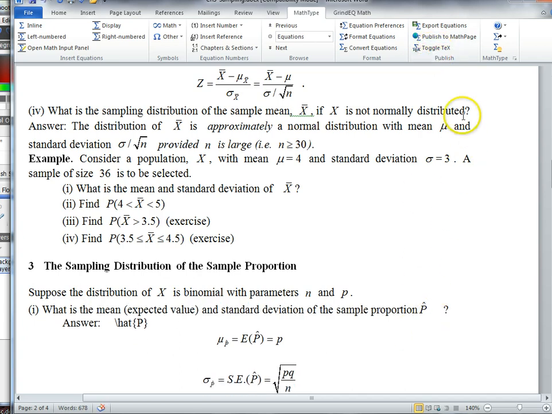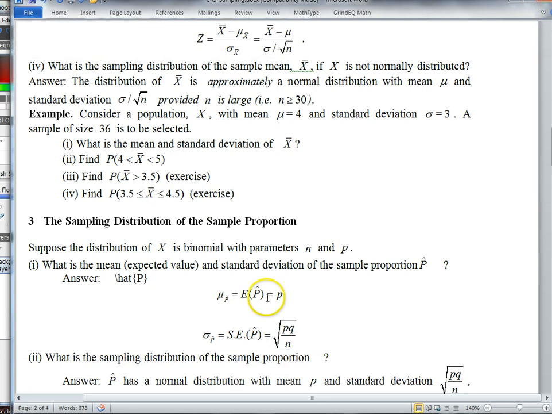Yeah, that's going to be p hat. So the mean of p hat is going to be p, the original parameter, and the standard error of p hat is take pq over n and take the square root of that. So that's what we have actually.